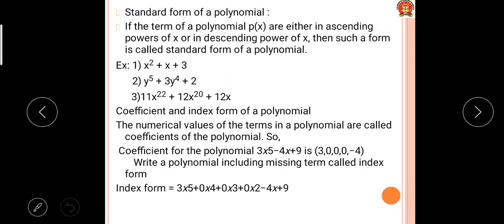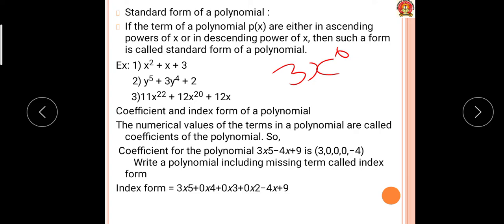You can write here 3x raised to the power 0. Next y raised to the power of 5, then 3 by 4, then 0, so it is in descending order. So if the power of the given variable is in descending or ascending order, then we can call it a standard form of a polynomial.